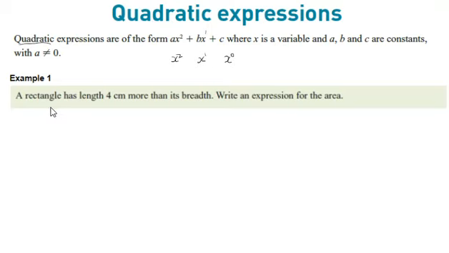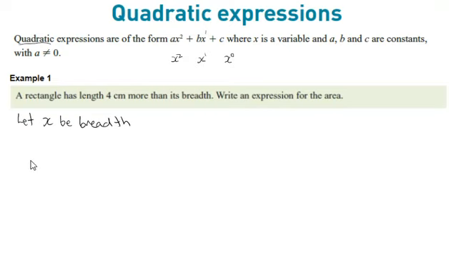It says a rectangle has a length 4 centimeters more than its breadth. Write an expression for the area. Well, let's draw a picture to see what this looks like. I'm first going to say let x be the width or the breadth of the rectangle.